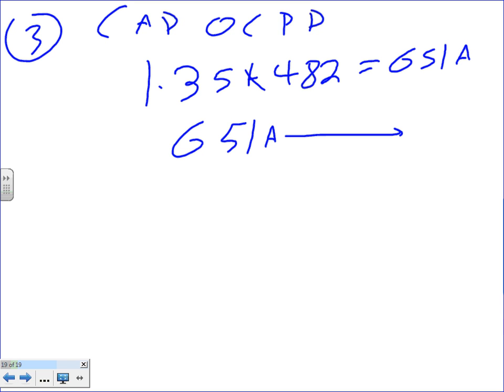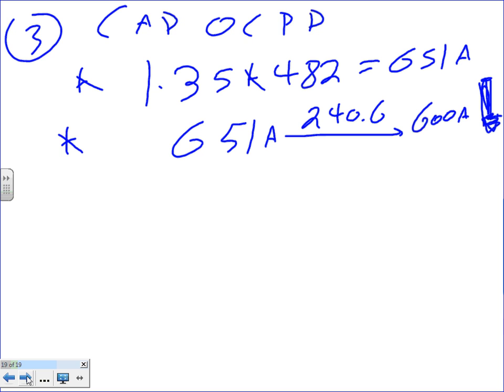So this is step 1. Step 2, go to 240.6 and go down to 600 amp. Go down, not up. And if you guys go read it, this is my interpretation.